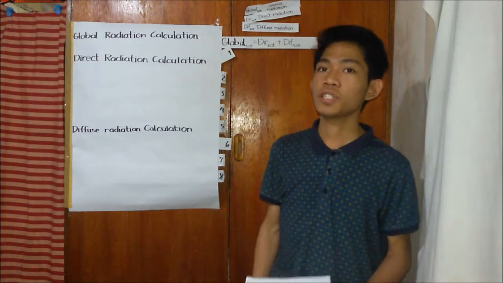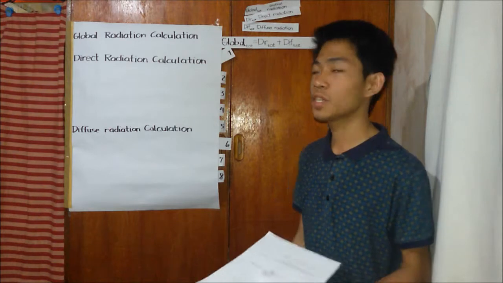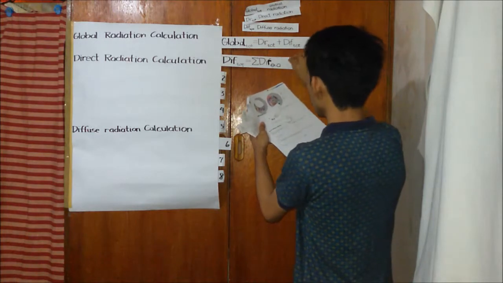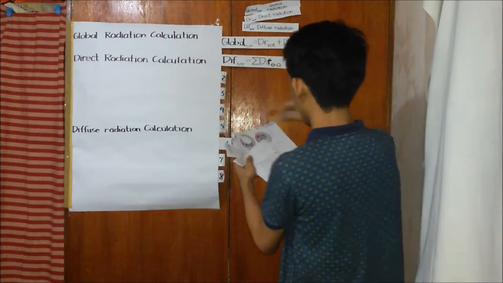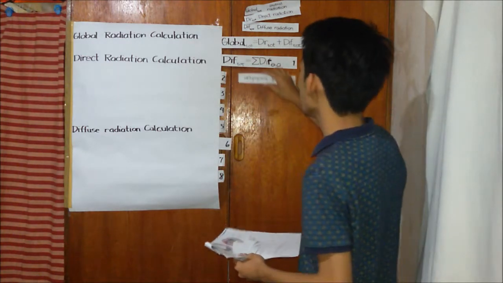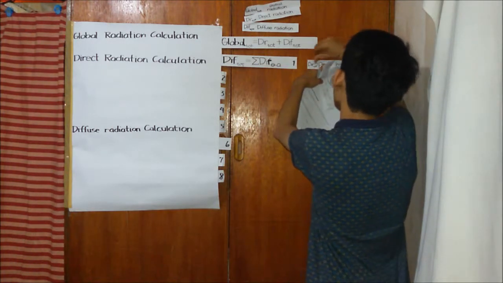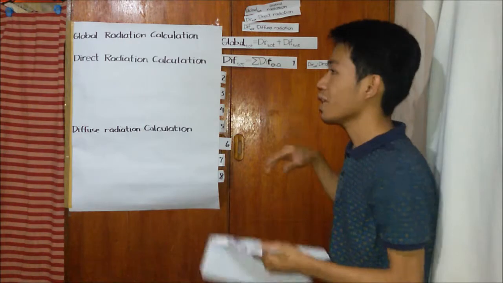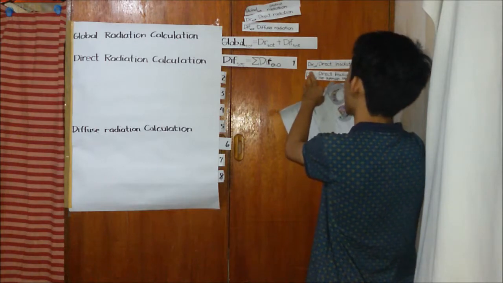The second way to calculate the radiation is the direct radiation. There are four equations to solve the direct radiation. First, the total direct insolation for a given location is the sum of the direct insolation from all sun map sectors. Dir means the direct insolation, and Dir theta, phi means the direct insolation from the sun map sector.